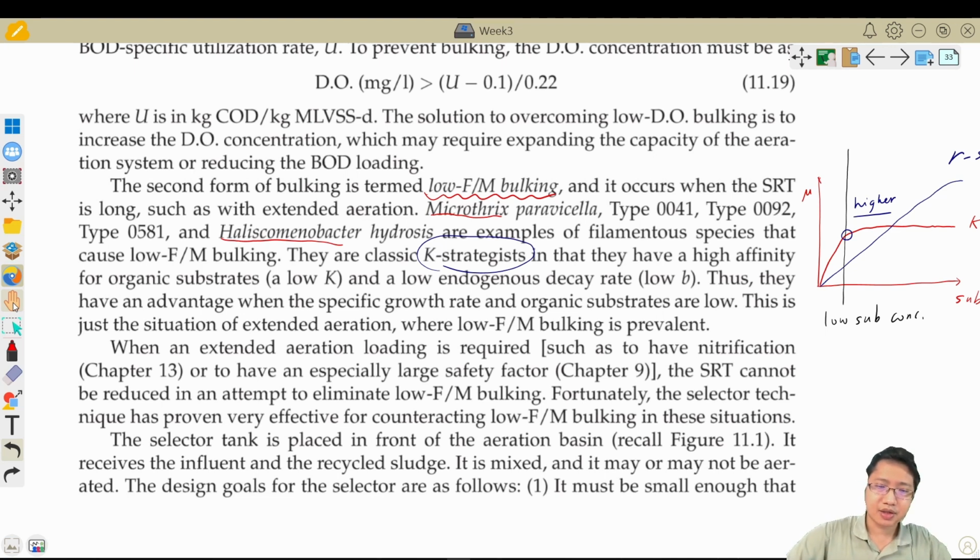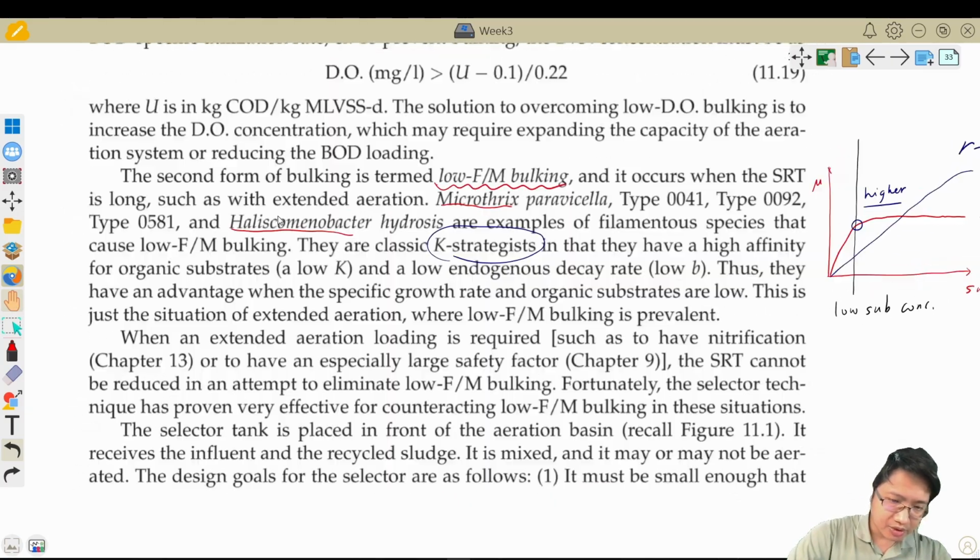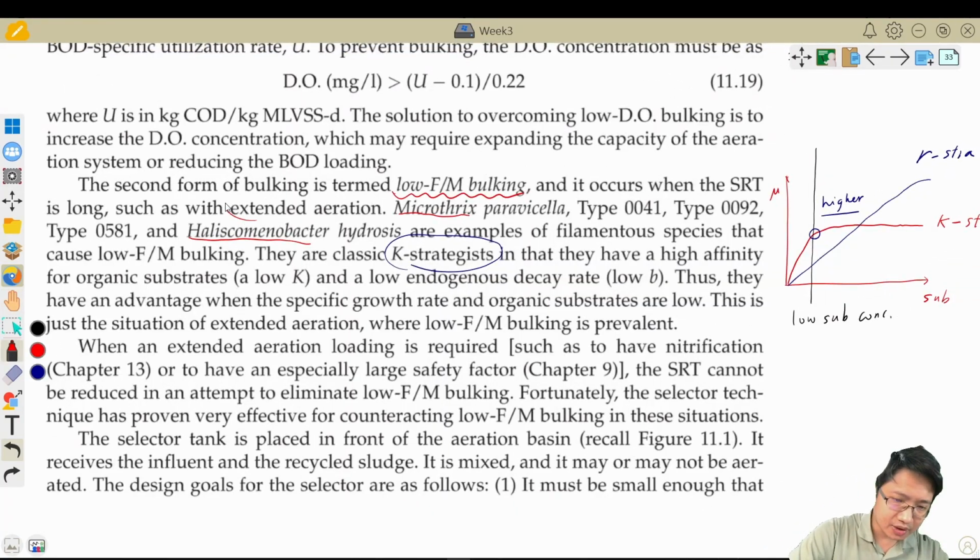Sometimes they exist in, like our previously mentioned, extended aeration tank. Those are very bad for your system if you have to settle those activated sludges.